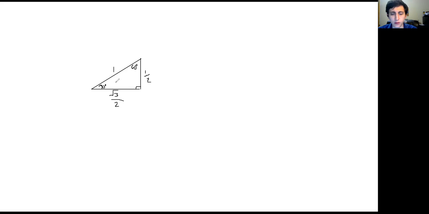And I'll point out some interesting things here. So for example, we would say that the sine of 60 degrees would be the square root of 3 over 2.